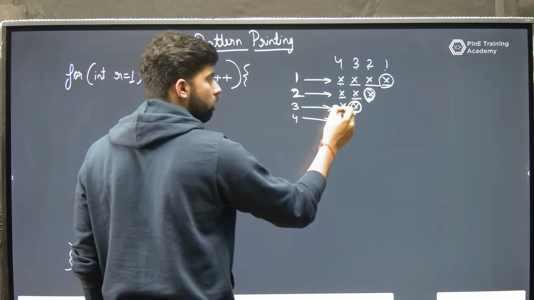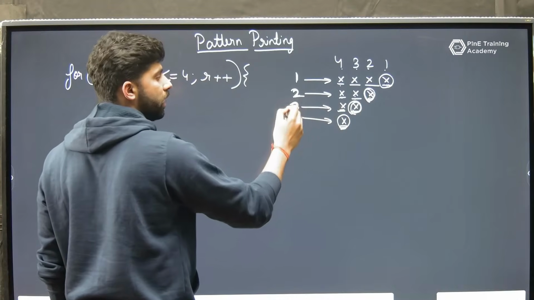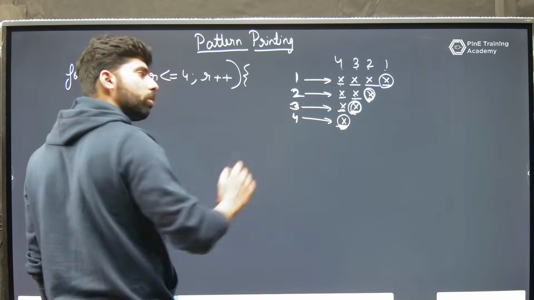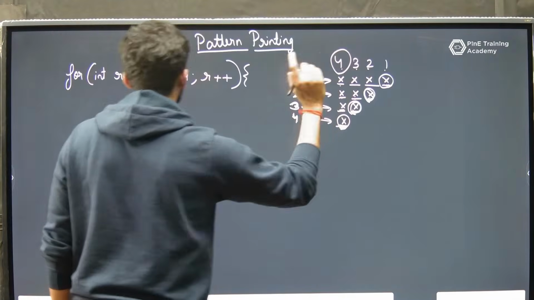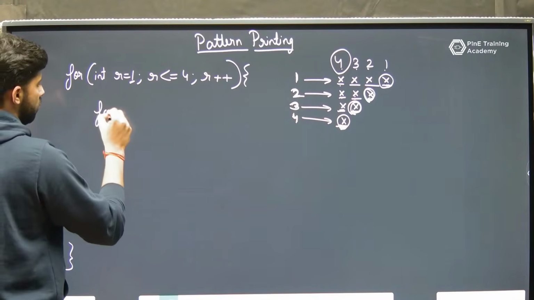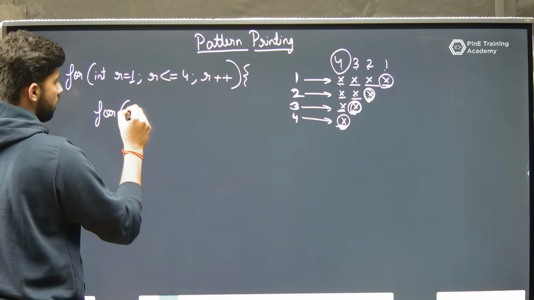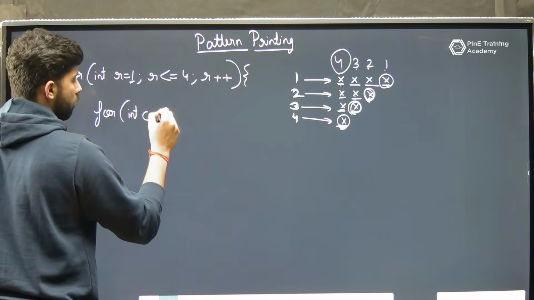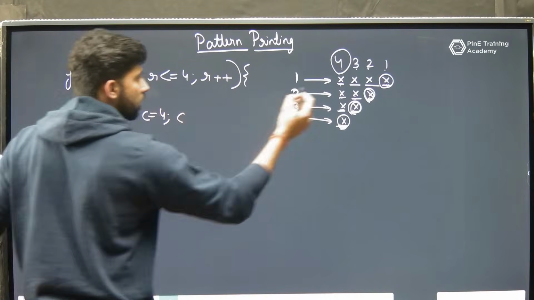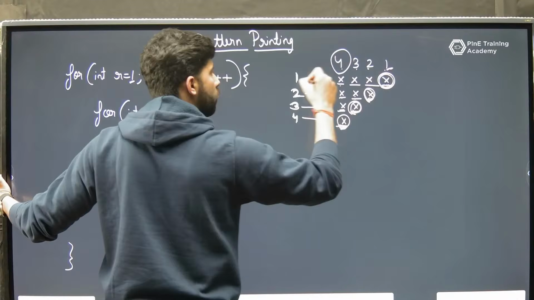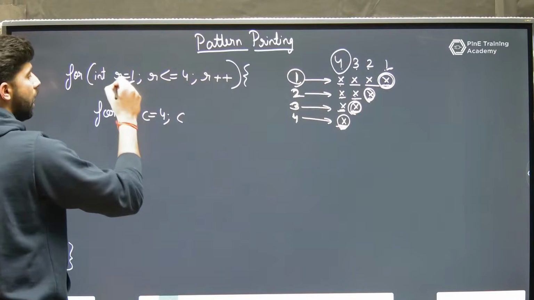If I'm going 4, 3, that means row number 3. If I'm going till 4, row number 4. It means I can start my column number from 4 and I can go till last one, which is equal to the row number, which is my R.